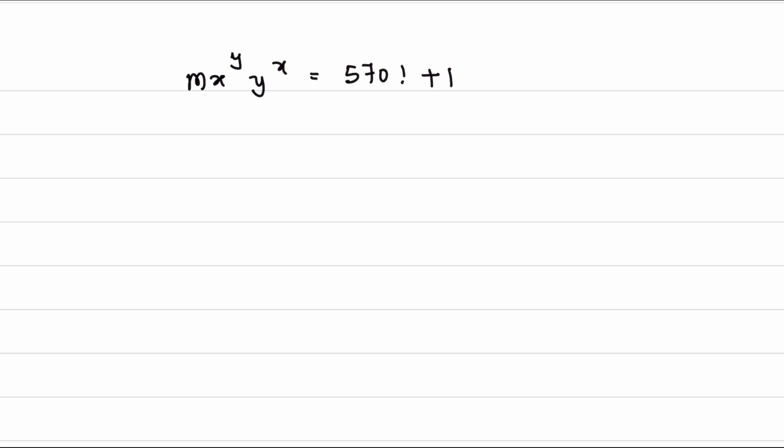That means x to the power of y into y to the power of x divides 570 factorial plus 1. This is the meaning of it. m is any number. We are going to find out m also in this.